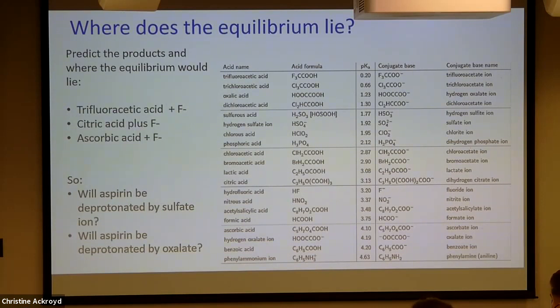What do I know about the acid and base strength? Someone said fluoride is stronger. How do we reason that through from the table? If I'm comparing CF3COOH to hydrogen fluoride from the table, which one is stronger? Where are they on the table?